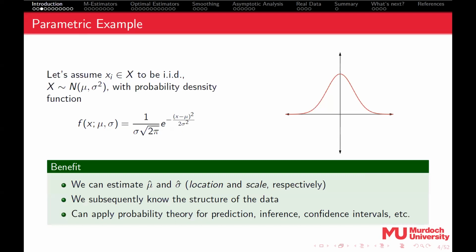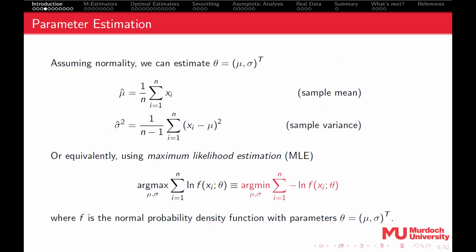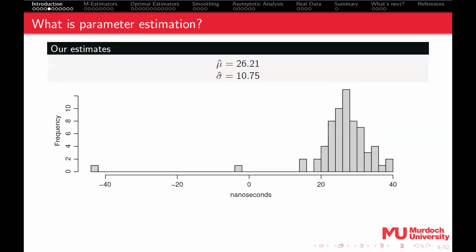We can then estimate mu hat and sigma hat, which are location and scale respectively. Of course, we've got sample mean, sample variance and standard deviation, or equivalently the maximum likelihood estimates, and so we do that and get our estimate presented up there.